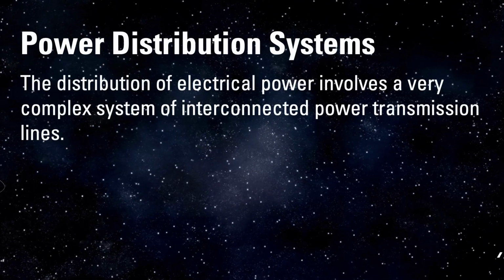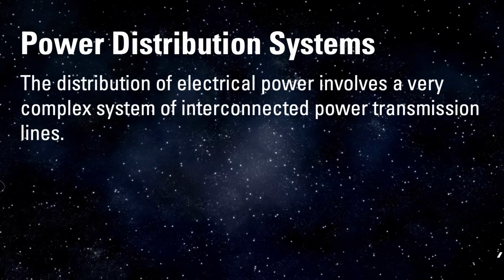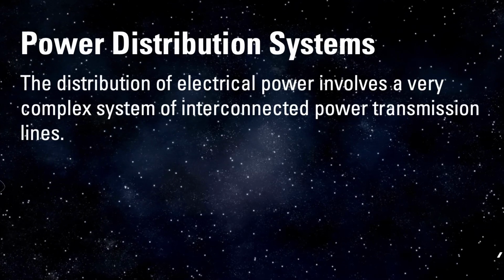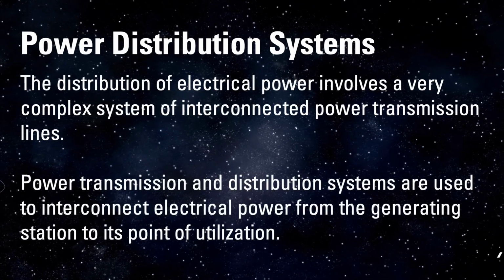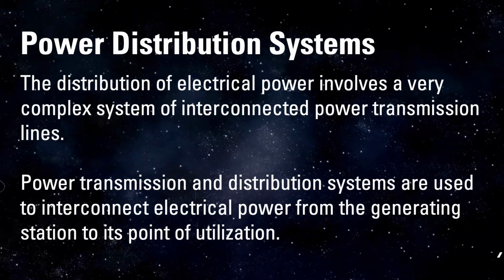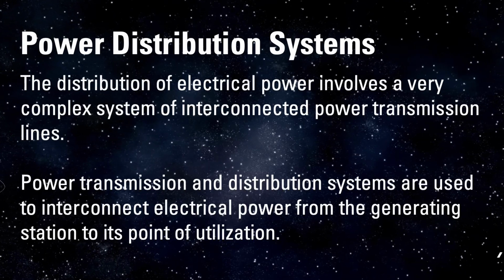The distribution of electrical power involves a very complex system of interconnected power transmission lines. Power transmission and distribution systems are used to interconnect electrical power from the generating station to its point of utilization.